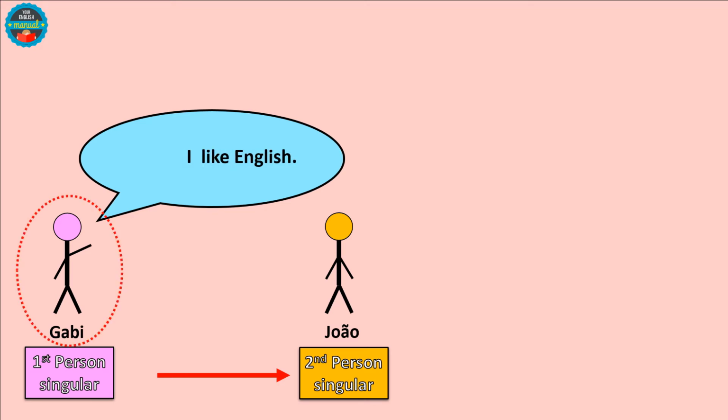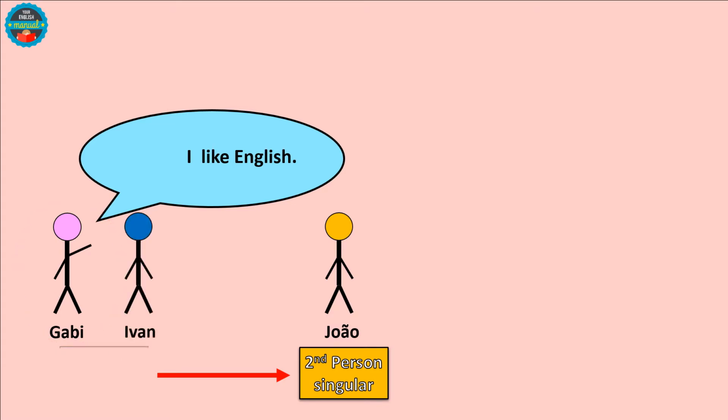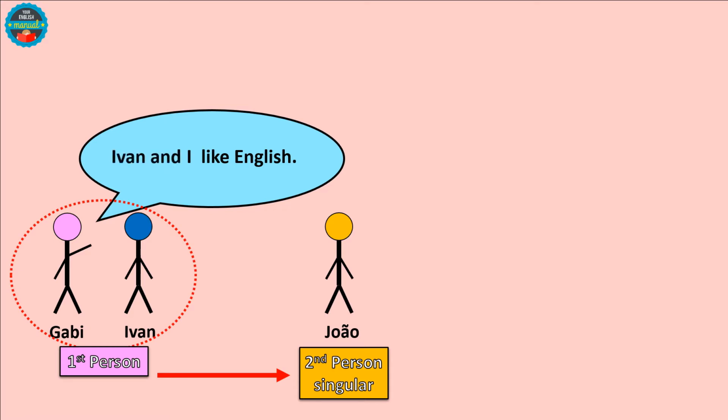But maybe Ivan also likes English, so I can also include him. In other words, I can say, for example, we like English. In this case, I am talking about myself, but also about another person.